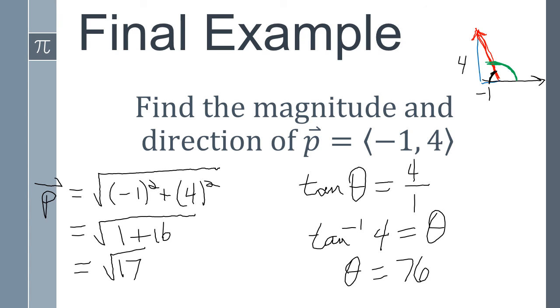We know that 90 degrees goes straight up and down, and there's going to be an angle in here that is only 14 degrees. Since this part is 90 and this part is 14, the vector direction is 104, that is 90 plus 14.